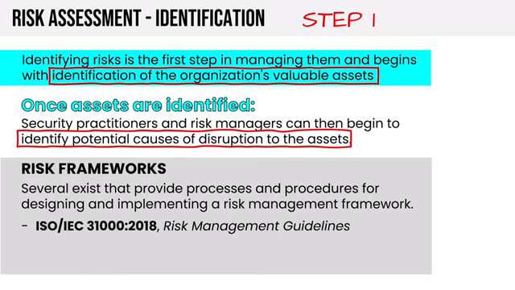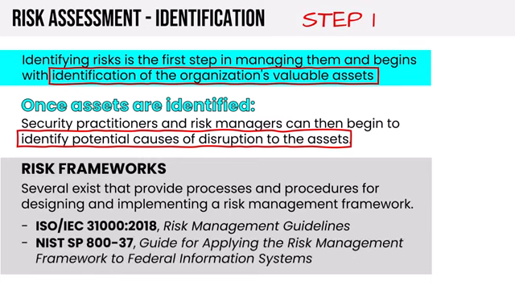One of those is ISO IEC 31000, Risk Management Guidelines. Another comes from NIST, SP 800-37, which is a guide for applying the risk management framework to federal information systems.